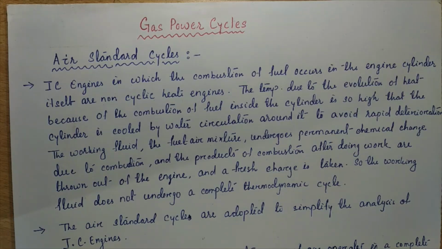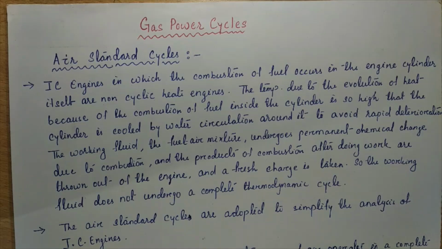This is for the 4-stroke IC engine. In a 4-stroke IC engine, during the exhaust stroke, the mass is thrown out to the surroundings. Then again during the suction stroke, new mass enters the cylinder. So this is a non-cyclic process.